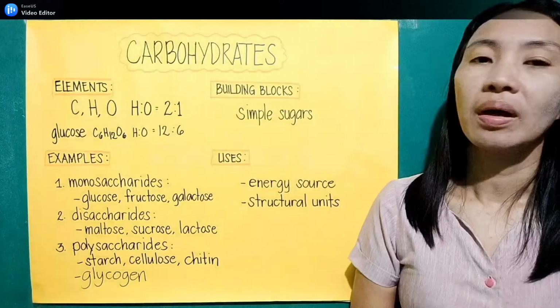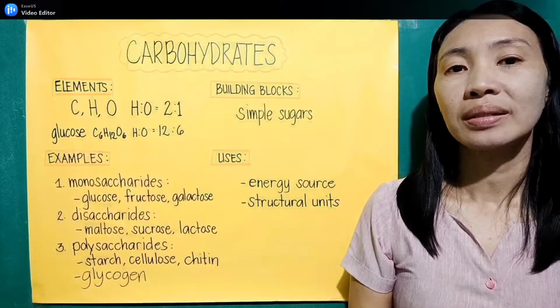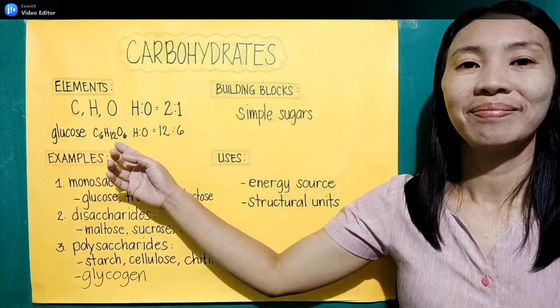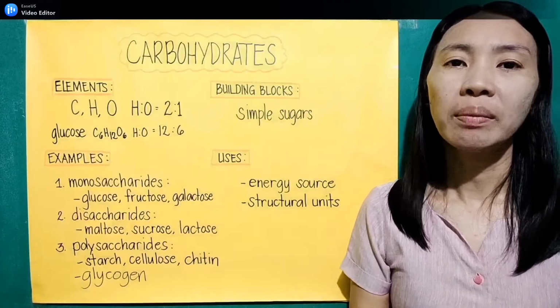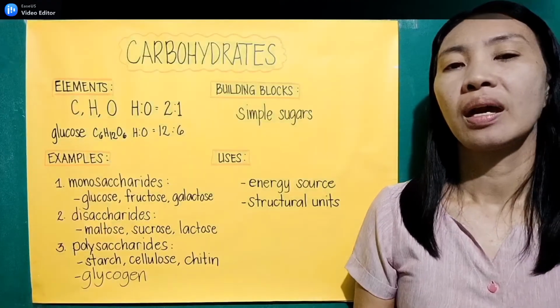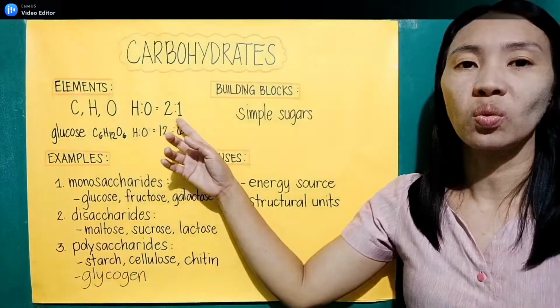One example of carbohydrate is glucose. Its chemical formula is C6H12O6. Another thing that you can notice when you look at the chemical formula of a carbohydrate, the ratio of hydrogen to oxygen atom is always 2:1.